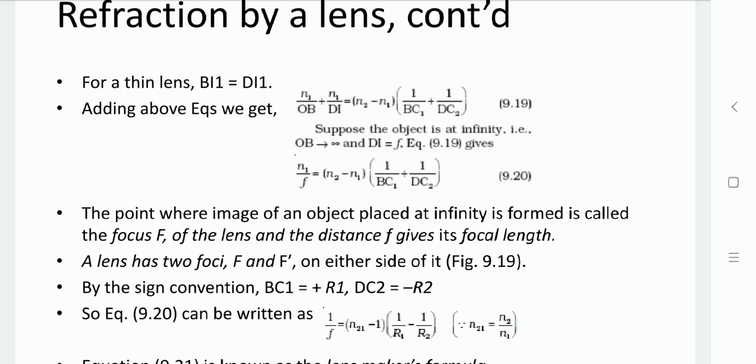So here we get 1 upon f equal to (n21 minus 1). Here we are taking n1 common, so from the left hand side n1 and from the right hand side n1 will be cancelled out, and in the first bracket n2 by n1 can be written as n21. So 1 by f equal to (n21 minus 1) into (1 upon R1 minus 1 upon R2).